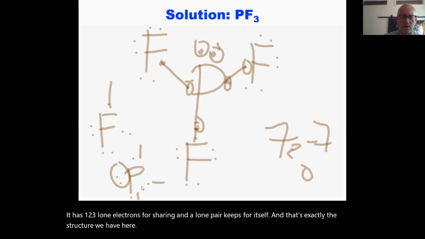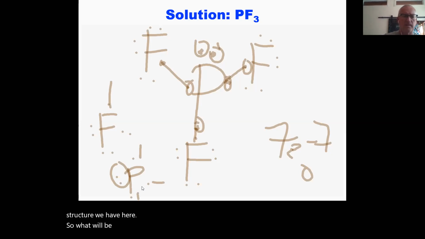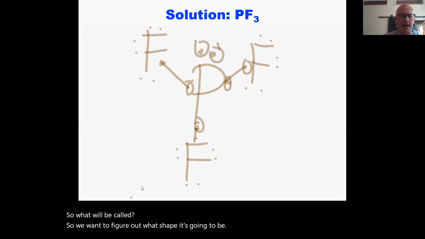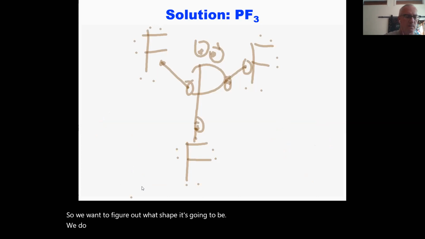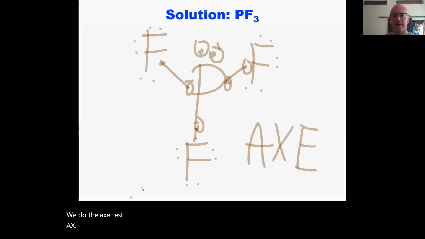So when we want to figure out what shape it's going to be, we do the AXE test. A is our central atom. So what's X? 3. And E? 2.